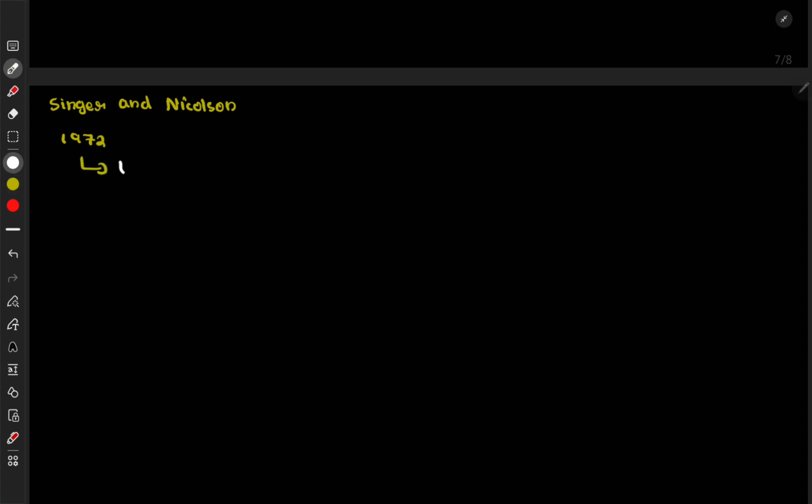They proposed the plasma membrane layer, which is known as the fluid mosaic model.